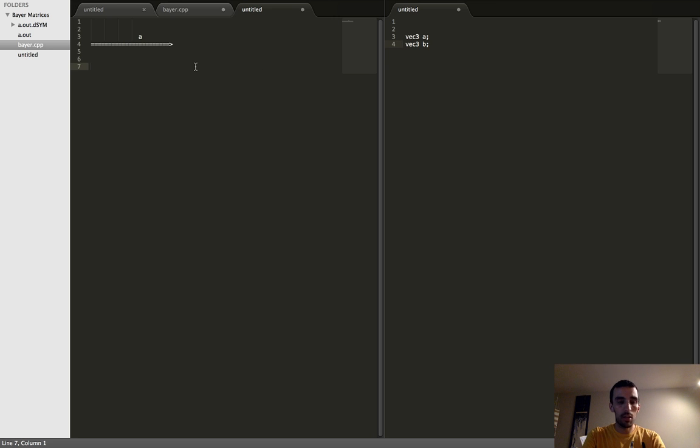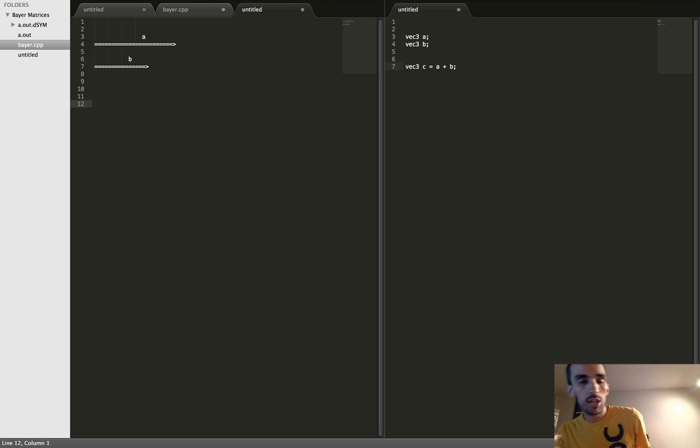Over here, another big vector appears that says b next to it. And then if you say vec3 c equals a plus b, another vector will appear over here that is the sum of the two. And then you can take the cross product and the dot product. Everything you're doing will appear over here.